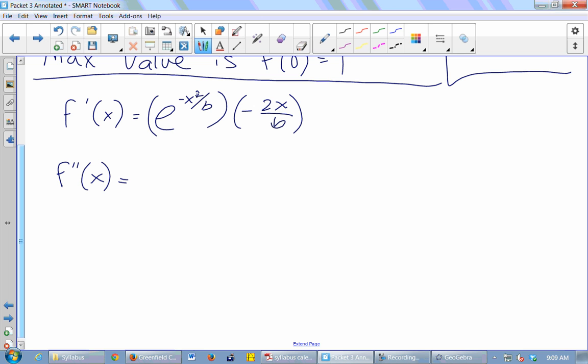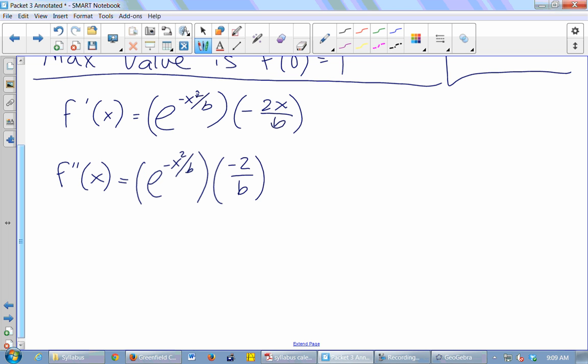Oh yeah, product rule. And it's not going to be as hard as it seems because I've already taken the derivative of e to the negative x squared over b. So it's not going to be too bad. All right, so we have first, e to the negative x squared over b, times the derivative of the second. What's the derivative of negative 2x over b? Negative 2 over b.